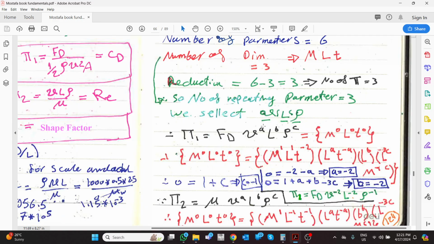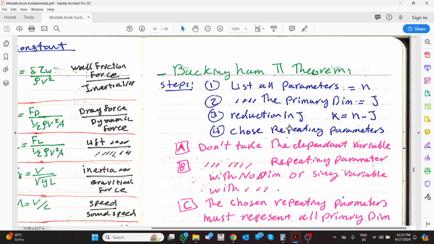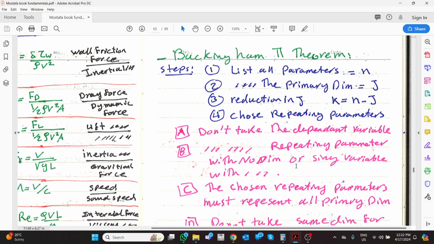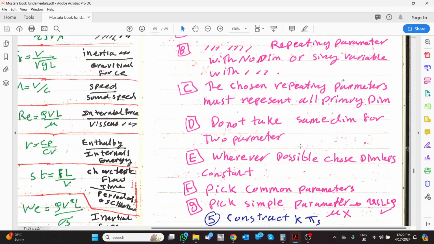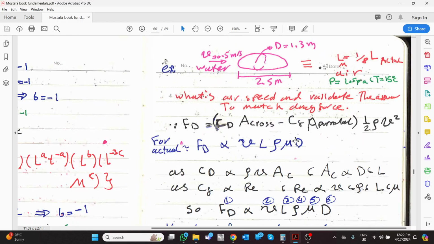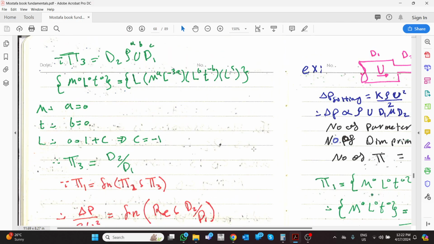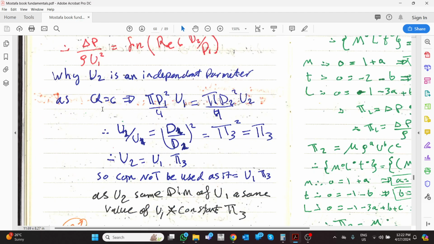Remember, the parameters should not be a direct function of another parameter, which means we can state it like this. We know that the flow rate is constant, so area times velocity 1 equals area times velocity 2.